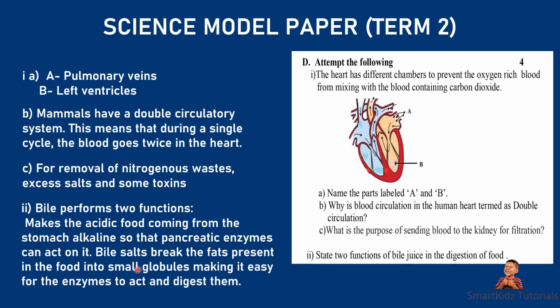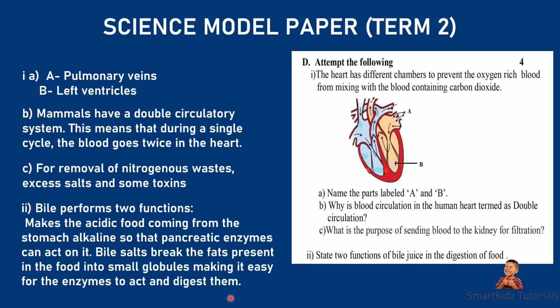Now, bile salts also break the fats present in the food into small globules, making it easy for the enzymes to act and digest. We consume oil through various sources, and certain things get converted into fats as well. Now these fats cannot be acted on directly or broken down into smaller molecules by these enzymes.